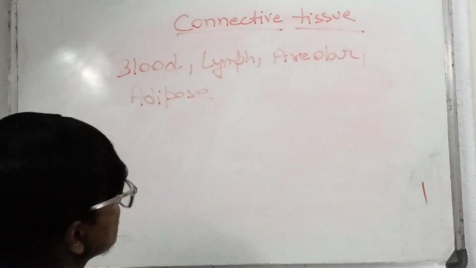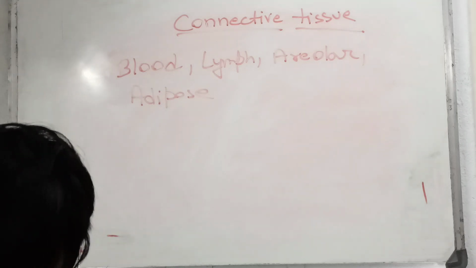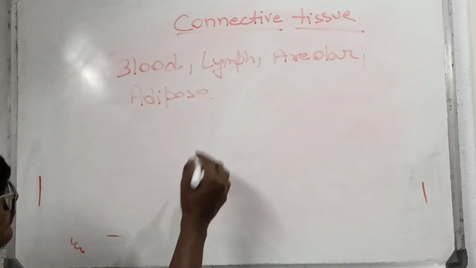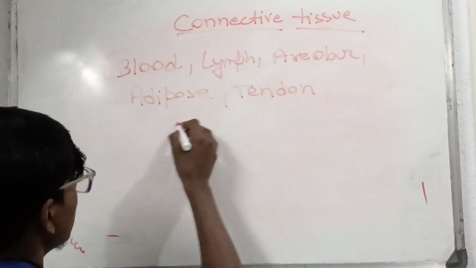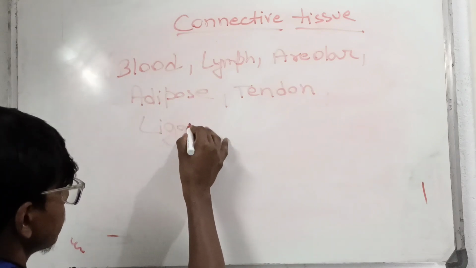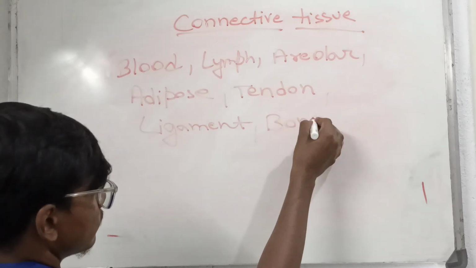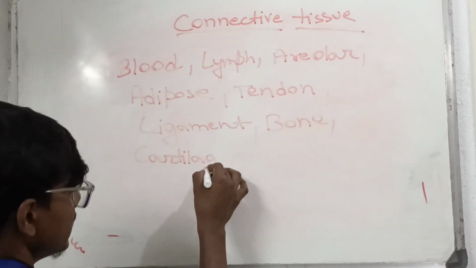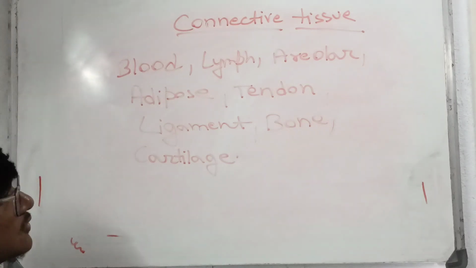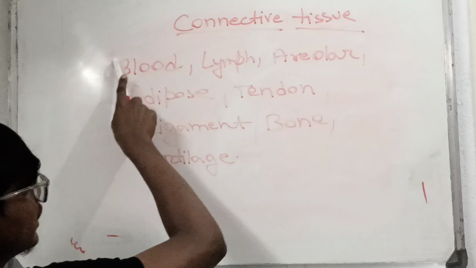Okay, these are the examples of connective tissue that you can say. Tendon is there, ligament is there, bone is there, cartilage is there. Okay, so you can see these are the examples of this connective tissue.